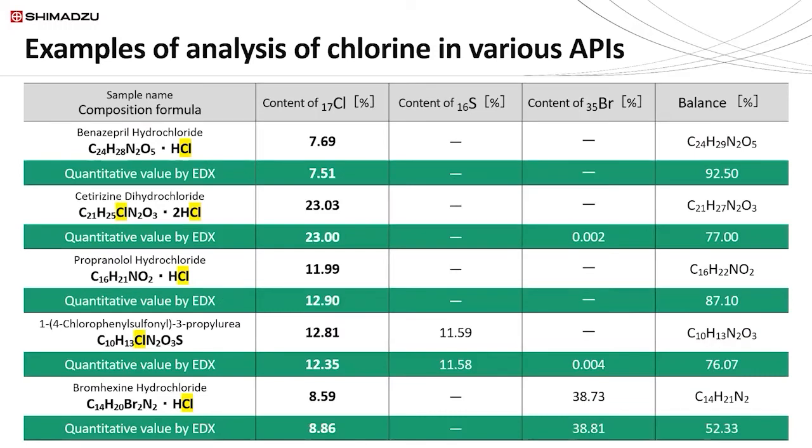Now, to prove that this wasn't just a one-off case, we measured many different APIs: benazepril hydrochloride, propranolol hydrochloride, bromhexine hydrochloride, and so forth. In the green rows, you see the value quantified by EDX using fundamental parameters. And in the white is the theoretical value as calculated from the molecular formula. And you can tell that the value is within nominally 1% of the true value.